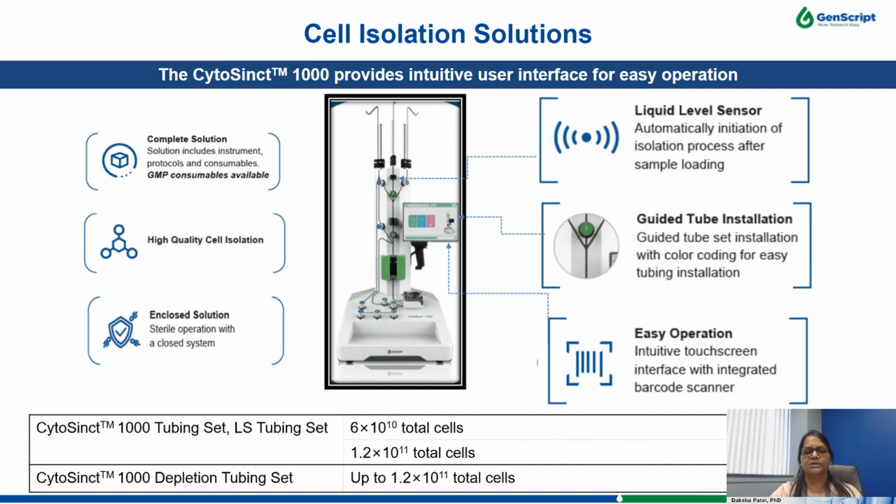So here I present the Cytosinct 1000 equipment, which is a cell isolation instrument and works on the basis of the immunomagnetic cell isolation concept. It's an automated instrument, and its key highlight features include easy accessibility, barcode scanning for reagent entry, customizable programming, and being fully traceable.